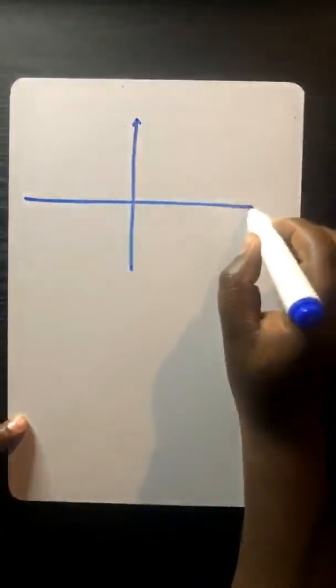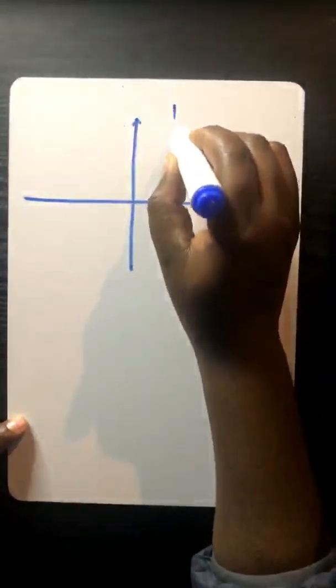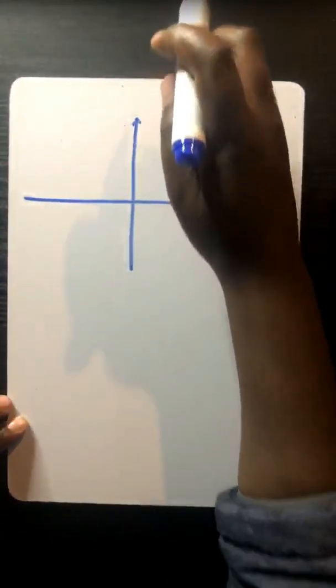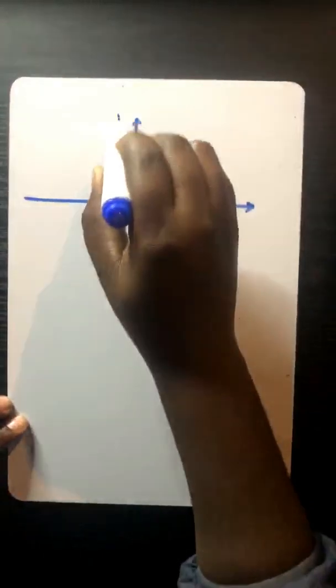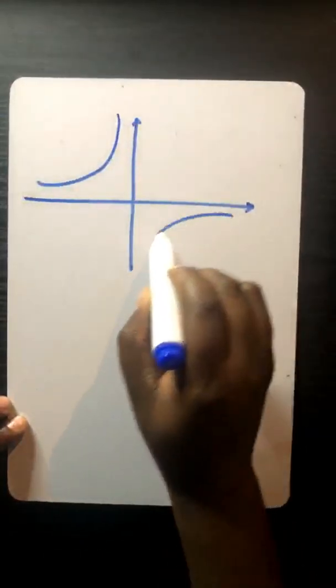But quickly, I want to explain something, guys. If we have a hyperbola, for example, let's say there and there.